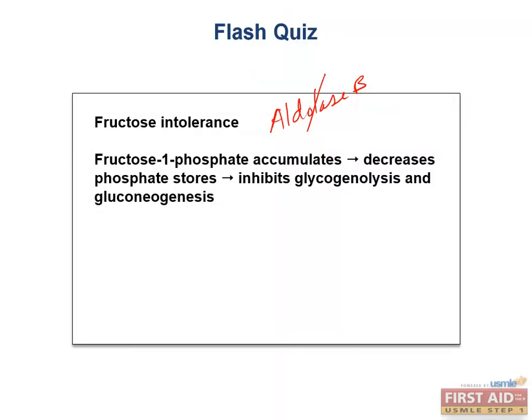Since you don't have aldolase B, you get a fructose 1-phosphate accumulation in the cell. This leads to a depletion of phosphate stores. The body loves its phosphate, so inadequate phosphate stores will inhibit glycogenolysis and gluconeogenesis, which will ultimately lead to hypoglycemia. If you're not able to break down glycogen, or you're not able to create more glucose, that will lead to decreased glucose levels. Fancy word for that is hypoglycemia.